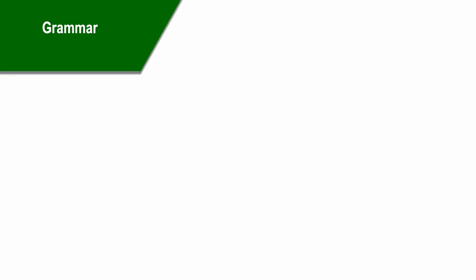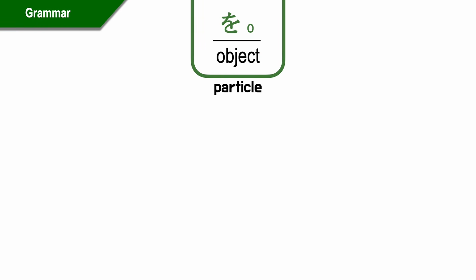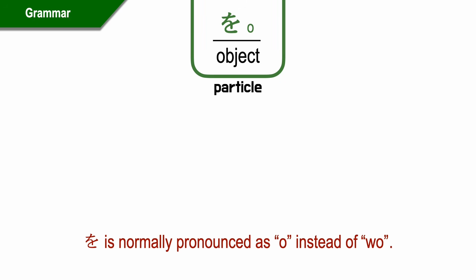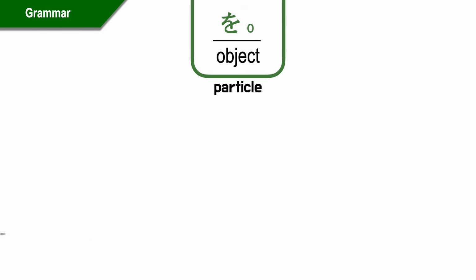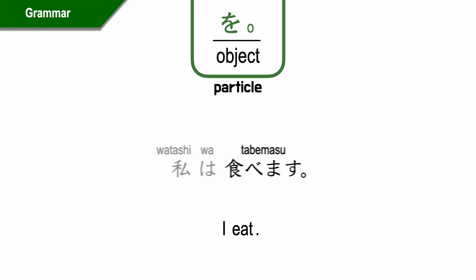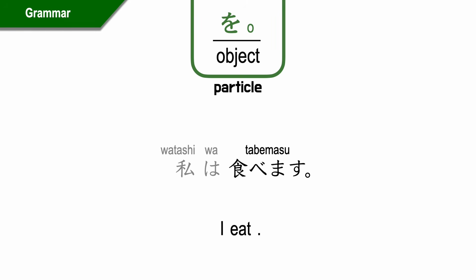Alright, now let's move on to grammar. を particle is the object marker. This letter is often pronounced as o in modern Japanese, although some people still pronounce it as wo. I eat in Japanese is 食べます.